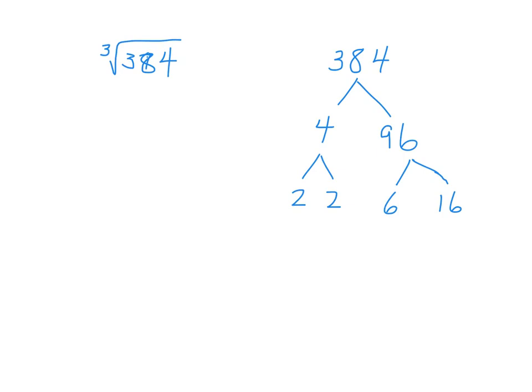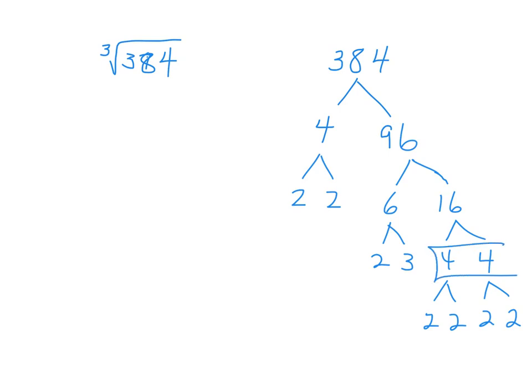Okay, so now we're going to have the 2 times 2 still, and 6 breaks down into 2 times 3. 16 is 4 times 4, and then those 4s break down into 2 times 2. And again, you don't have to go all the way to prime numbers. I could stop at, oh, there's a pair of 4s.